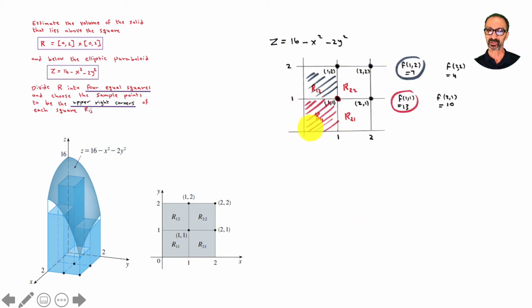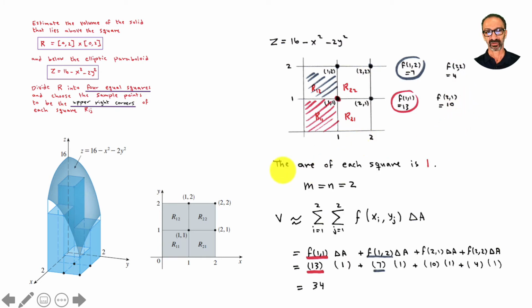So this is the region 1, 1. We're going to apply f(1,1) just by plugging in 1 here and 1 here, and end up with 13. Region R1,2: you plug in 1 here and 2 here, you get 7. If you take care of those two, they are listed for you right here.